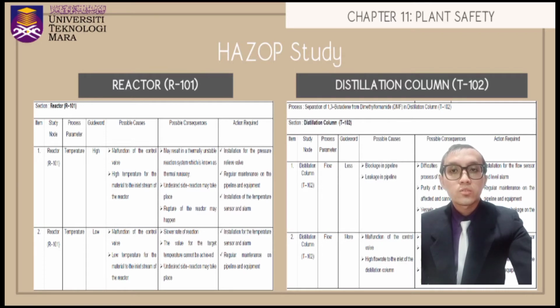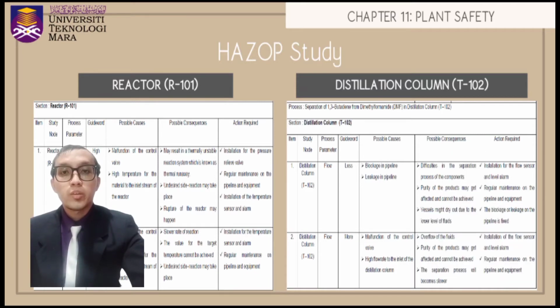The possible cause may be a malfunction of the control valve. On the other hand, a low temperature of the reactor may result in a slower rate of reaction and the occurrence of undesired reactions. Hence, the actions necessary are conducting regular maintenance inspections, and installation of pressure relief valves, temperature sensors, and alarms.